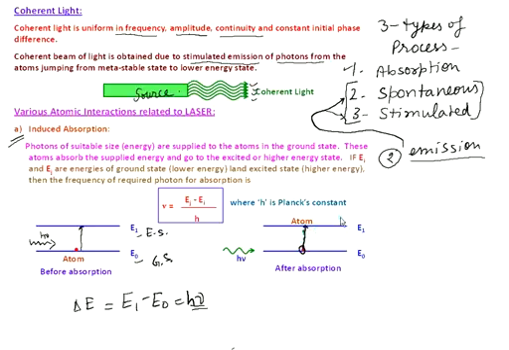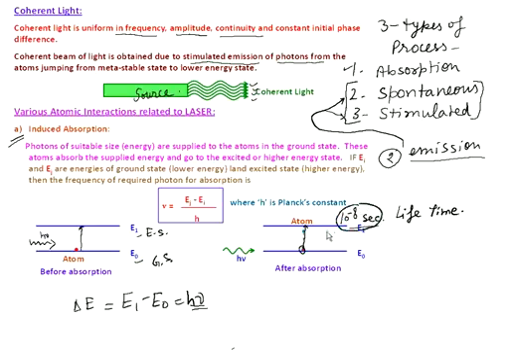The atom stays there up to 10 raised to the power minus 8 second or less. This is known as the lifetime of the excited state E1, which is of the order of 10 raised to the power minus 8 second.